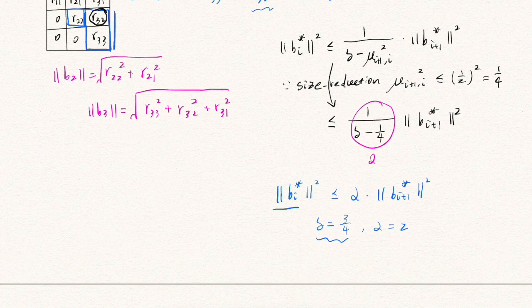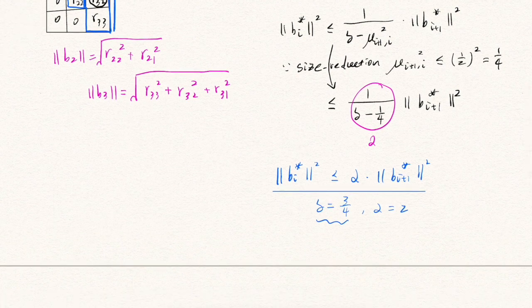But essentially, if we're looking at this expression, this is basically saying that the length of the GS orthogonal vector at i has to be smaller, and there shouldn't be any drastic jump. So alpha is usually bigger than 1.